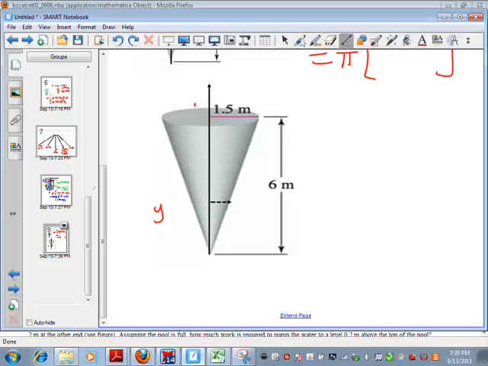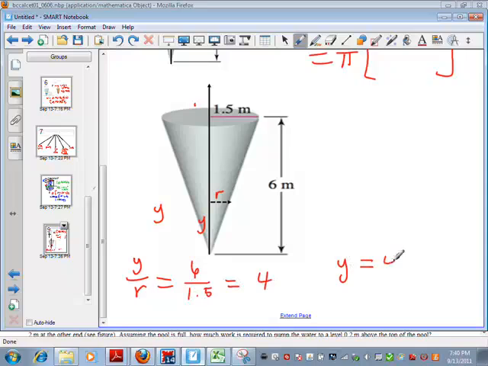So the thing I'm looking for here is r, and this distance is y, so y over r is 6 over 1.5, which is 4. So y equals 4r, and r is y over 4.